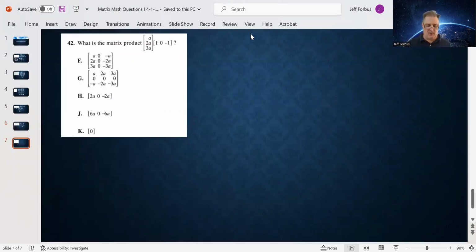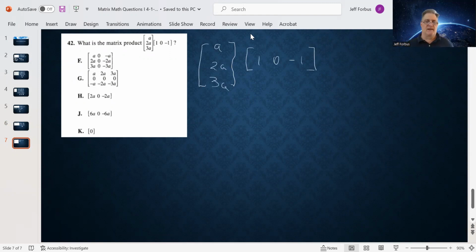Going into the last problem. So here we're taking a column times a row. So we have A, 2A, 3A, and 1, 0, and -1.